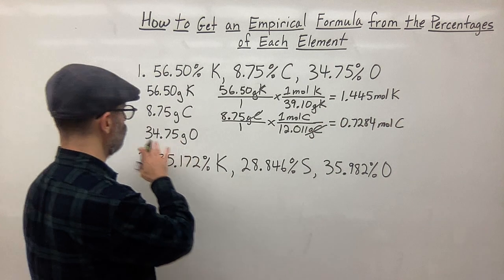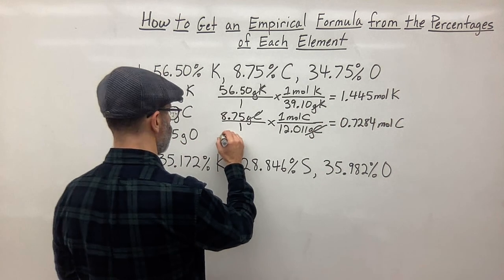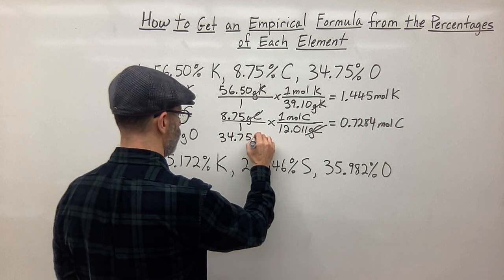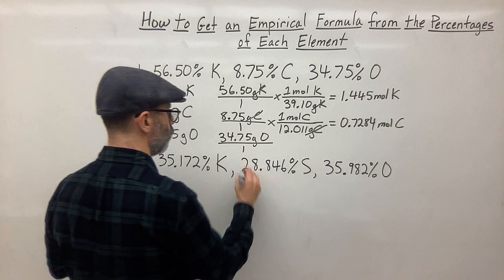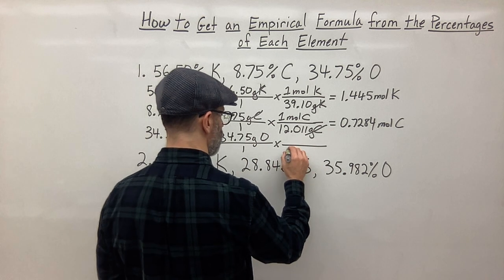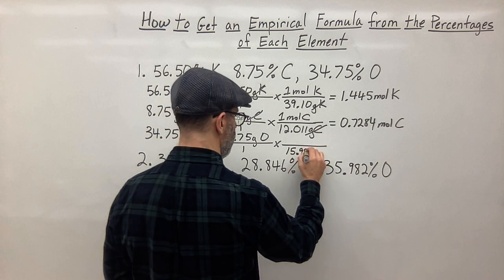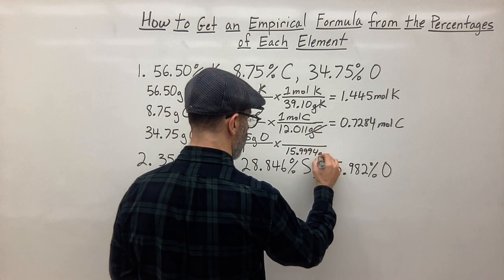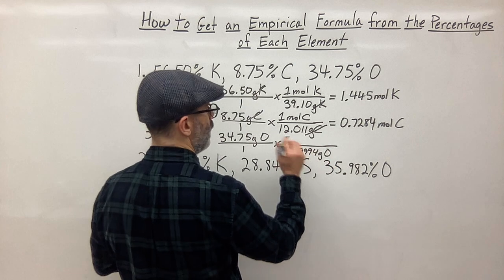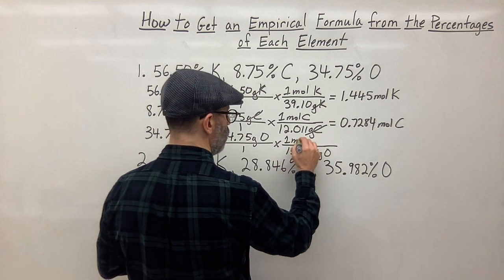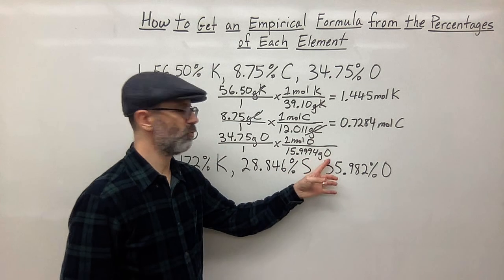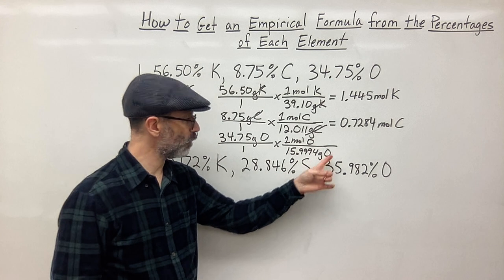And then finally, we do the same thing with oxygen. So 34.75 grams of oxygen over 1. We're going to use the molar mass of oxygen, which is 15.9994 grams of oxygen, or you could just say 16.00. It's up to you. And that's going to be 1 mole of oxygen. Notice we're not using the molecular oxygen O2.